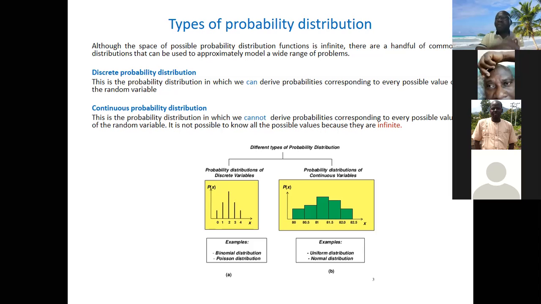Like number of children, number of people, you cannot say 2.5 or 23.5, it's a whole number. When you are dealing with whole numbers, it's a form of discrete variable. Or if it is a categorical variable on its own, like sex, like marital status, whether ordinal or nominal, they all follow discrete probability distribution. They are examples of discrete variables.